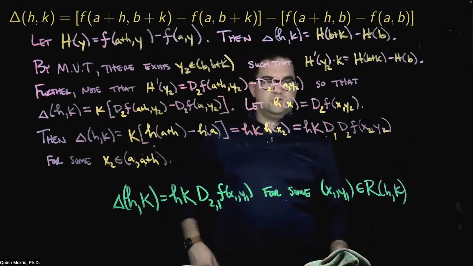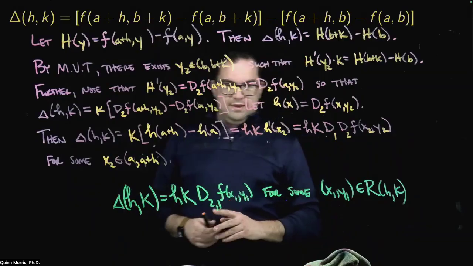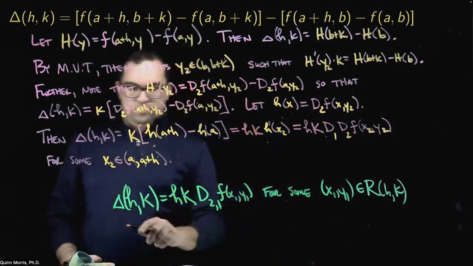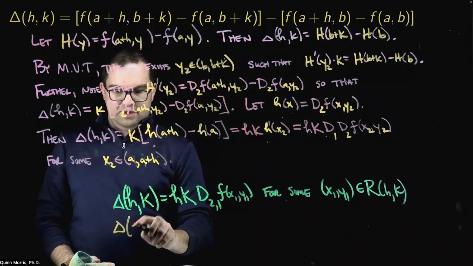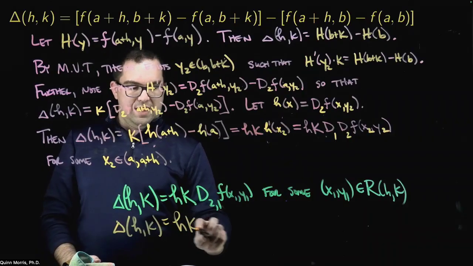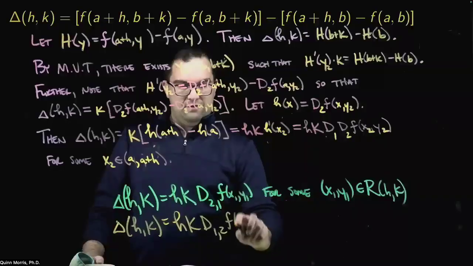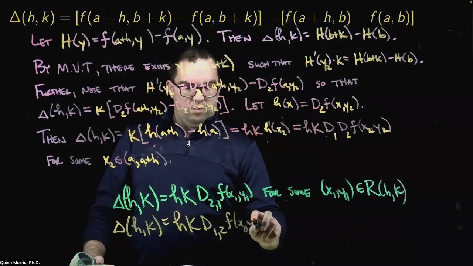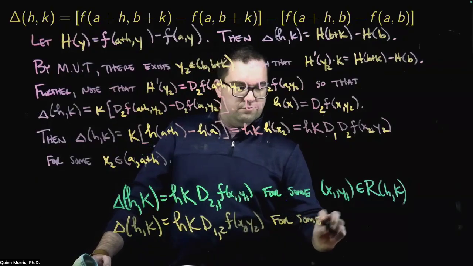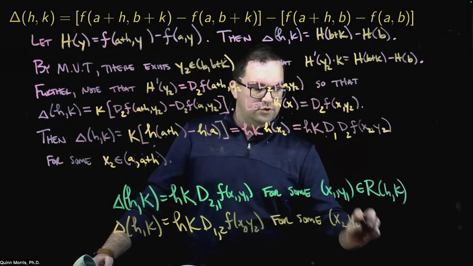f of x2, y2. But now if we come down here, what we get here, right, is, and I'm going to leave this, this is the old one, we've now proven that delta hk is equal to hk d12 f of x2, y2 for some x2, y2.